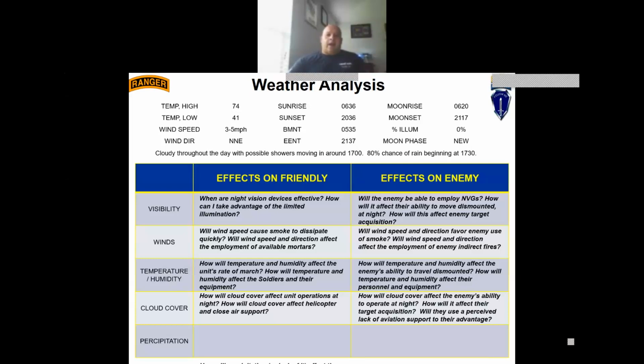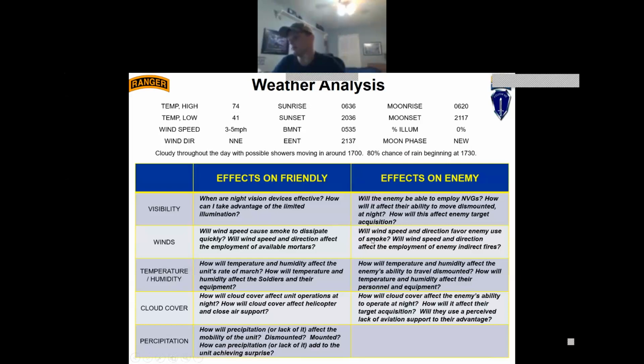Okay, how will that 80% chance of rain affect the troops? If we're going into low-lying areas, we might want to be careful about which creeks and areas flood.